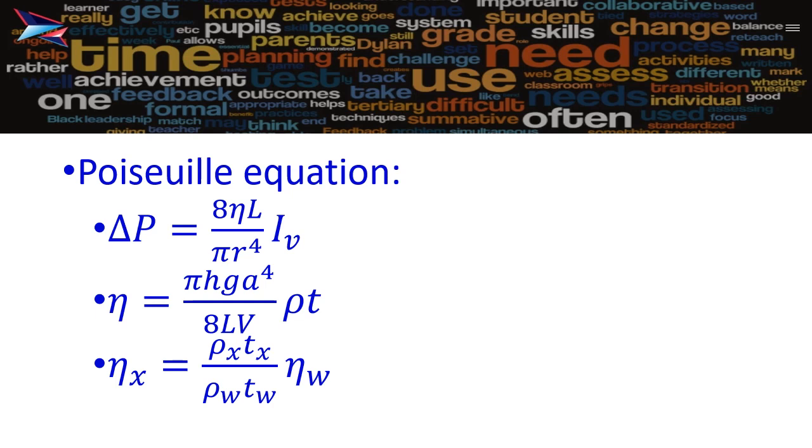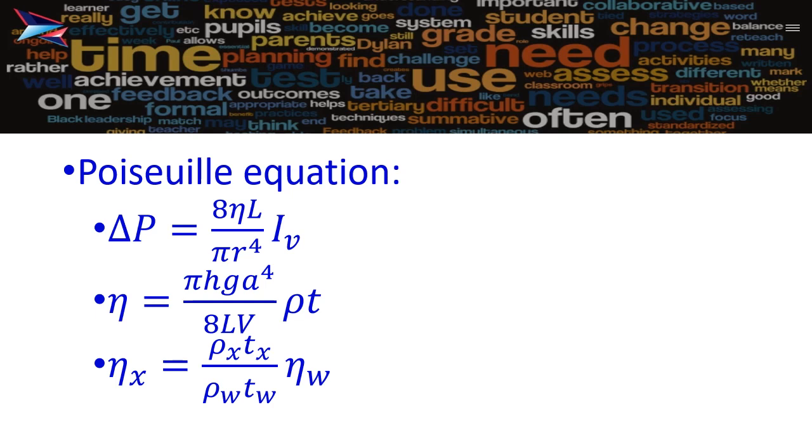Eta x is the viscosity of the liquid which we do not know yet, and we will compare it to eta w, which is the viscosity of the liquid which is already known. In this case, we are using water. That's why the index here is W, meaning this is the eta for the water.